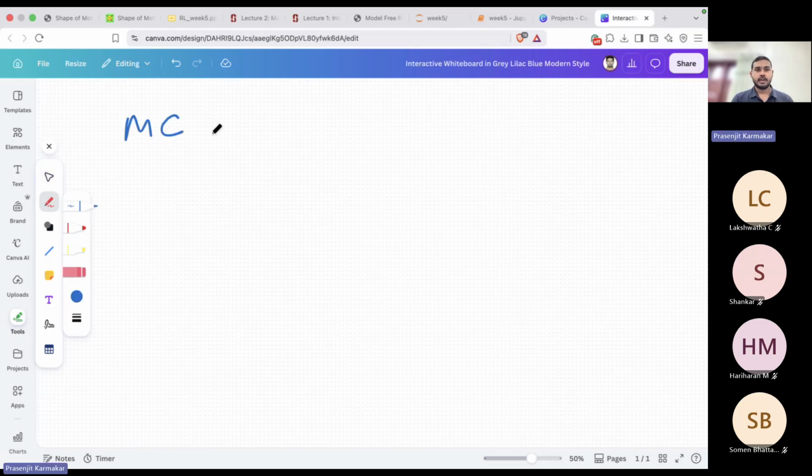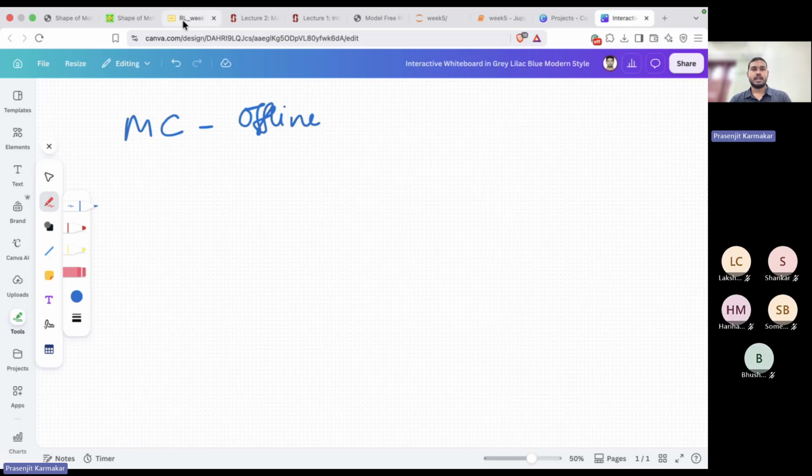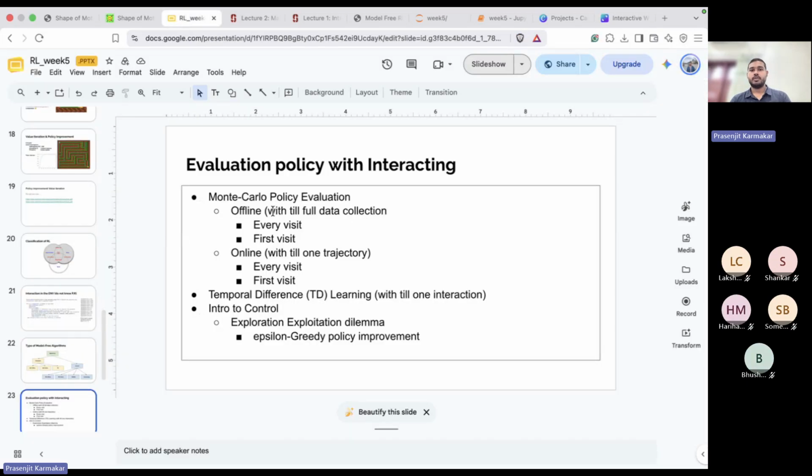So we are exploring Monte Carlo offline. Offline means, as you see in the slides, weight, not width.